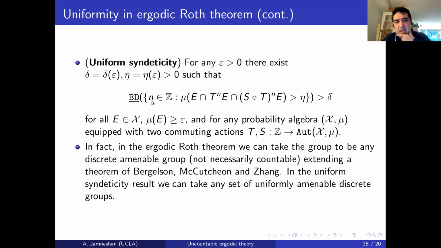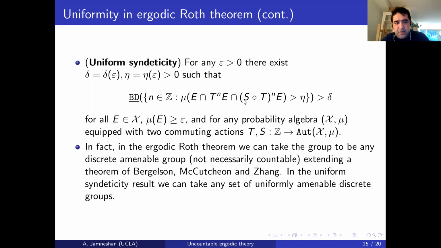Here is the set of return times for these Ross type averages, such that these Ross type averages happen with probability at least eta. Okay. So this set should have lower Banach density at least delta. So in particular, this set is synthetic because delta is strictly positive.